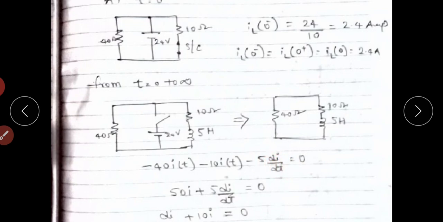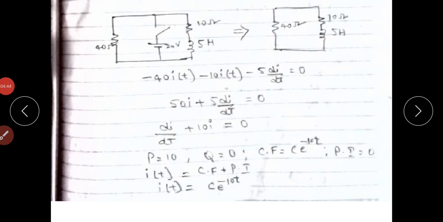With polarities plus to minus, it is minus 40 into I of t, minus 10 into I of t, minus 5 into di by dt equals 0. Or it equals 50 into I plus 5 into di by dt equals 0.